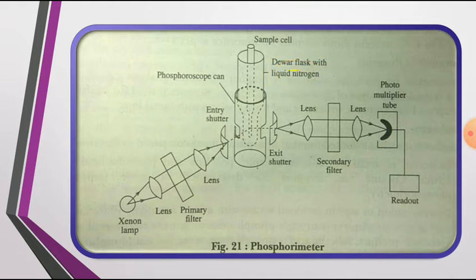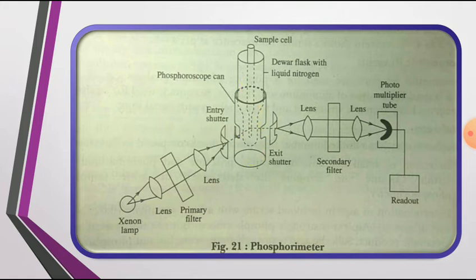For what? To maintain the sample solution temperature below room temperature. This is the main purpose of this Dewar flask and liquid nitrogen. And this whole phosphorescope can will be continuously moving with the help of the motor.